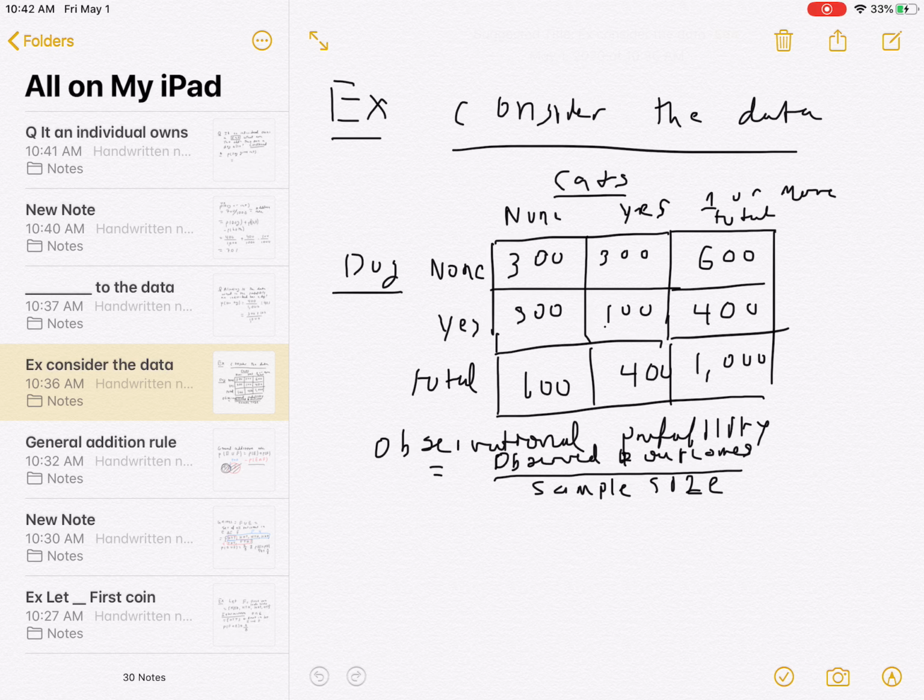It's going to be out of the possible outcomes. It's not possible to have 300 yeses and to have no cats. None is not possible. Instead, it's asking, out of the individuals with cats, that's 400 of them, what's the probability they also have a dog? That'll be 100. So it's going to be 100 out of 400.